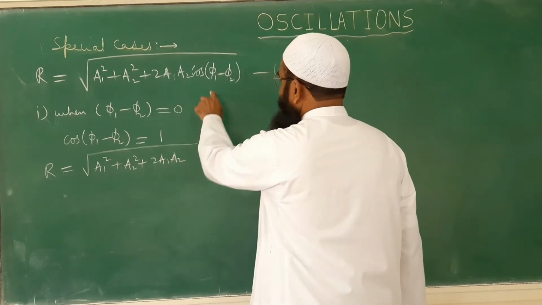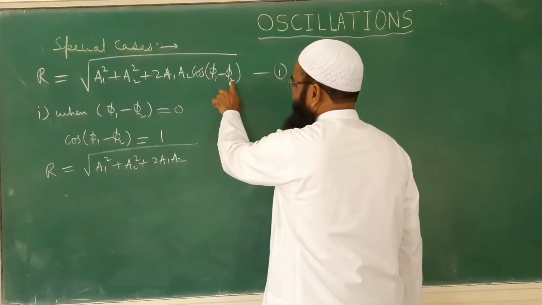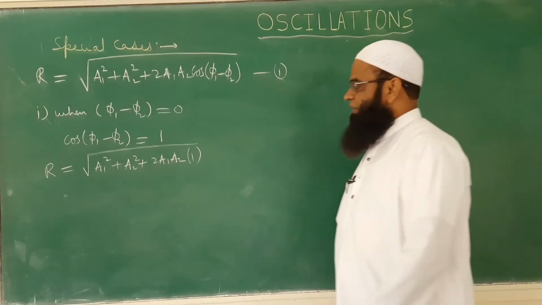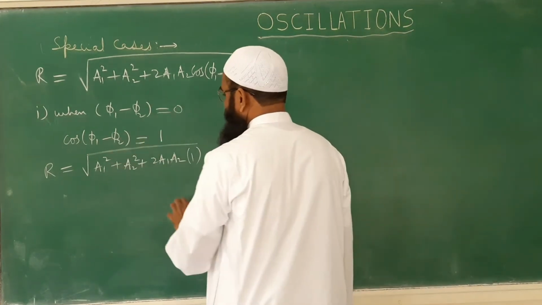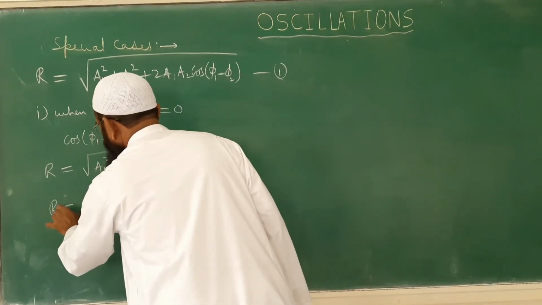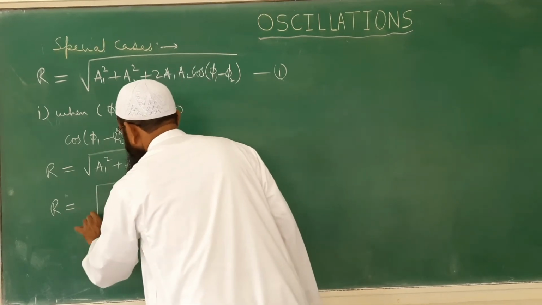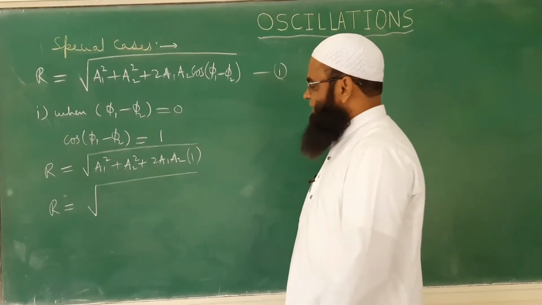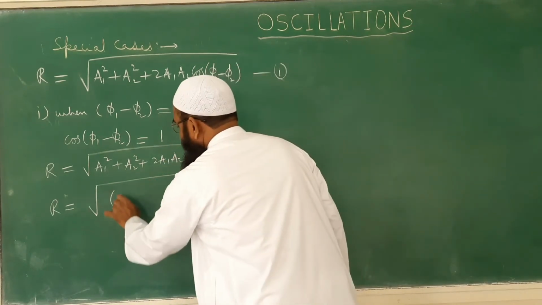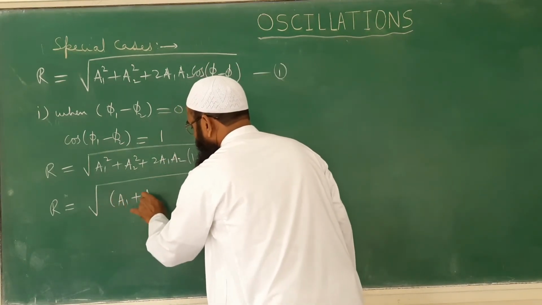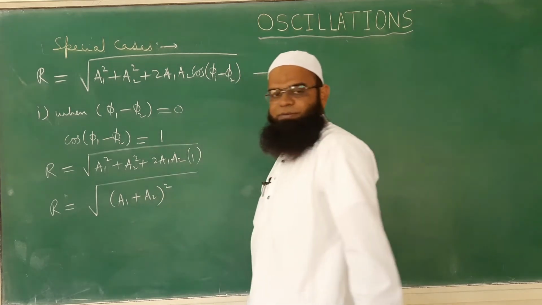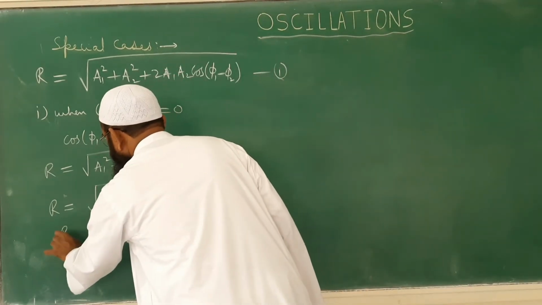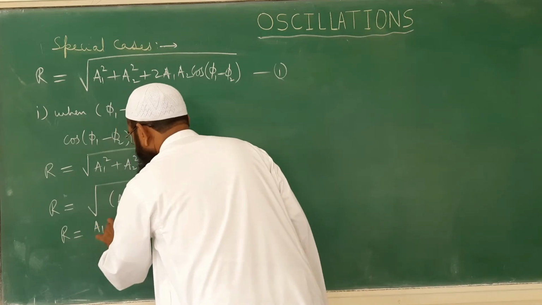Now in place of cos phi 1 minus phi 2, I can write 1 because phi 1 minus phi 2 is 0, therefore cos 0 is 1. This is nothing but the expansion of a1 plus a2 whole square. If I take the square root of it, then r will be simply a1 plus a2.